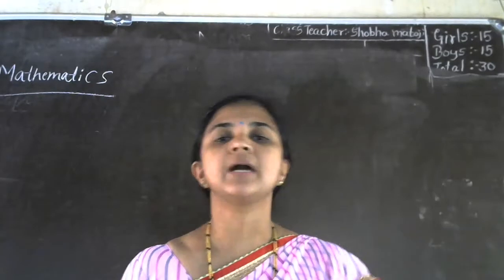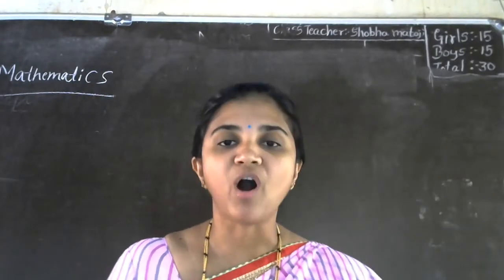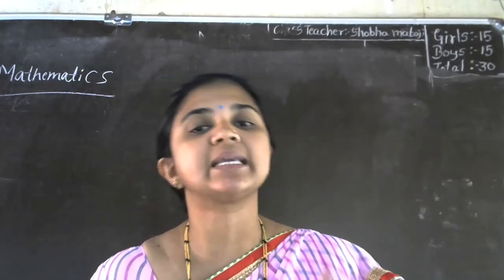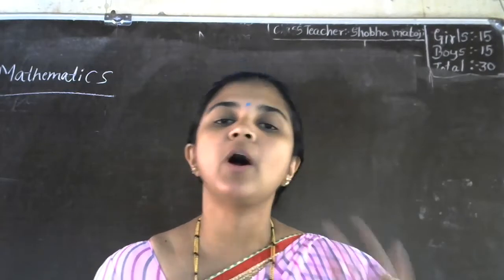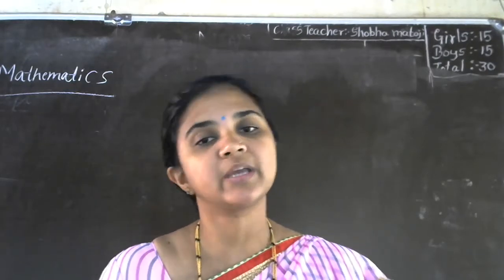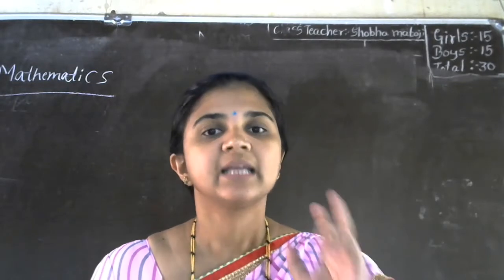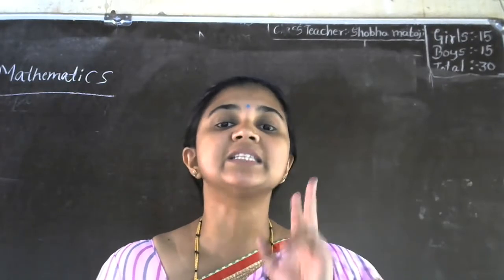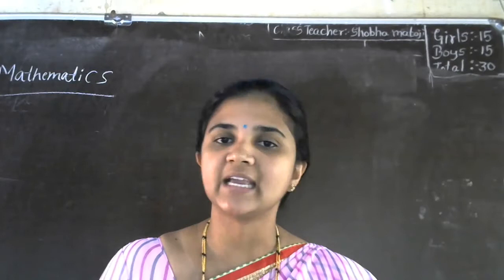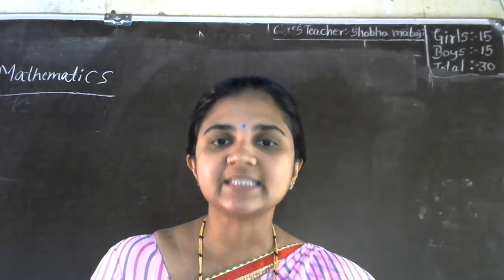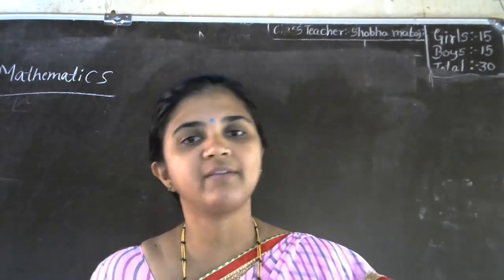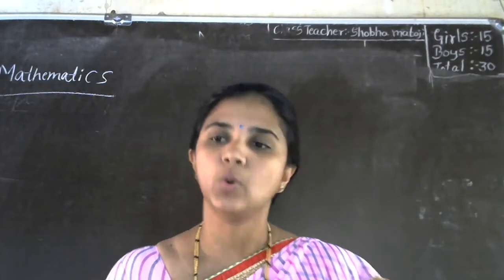So now let us come to the chapter name, pair of linear equations in two variables. You have already studied linear equations in two variables, right? Two variables in the sense, the equation which contains two variables, like we are taking the variables as x and y.